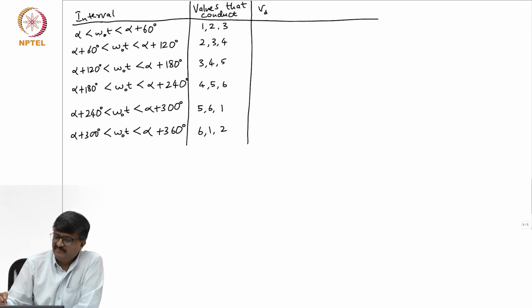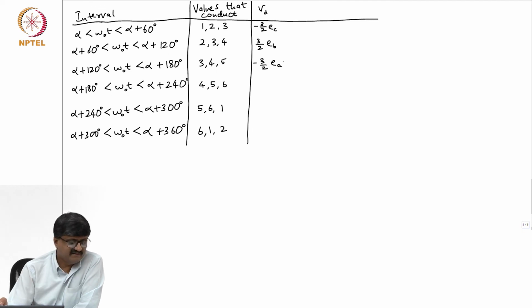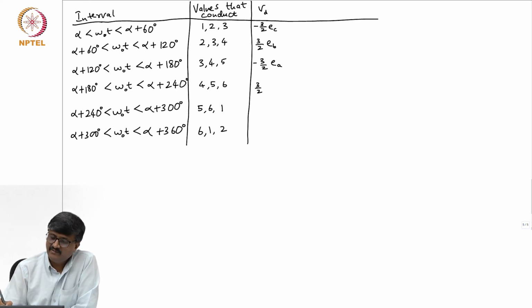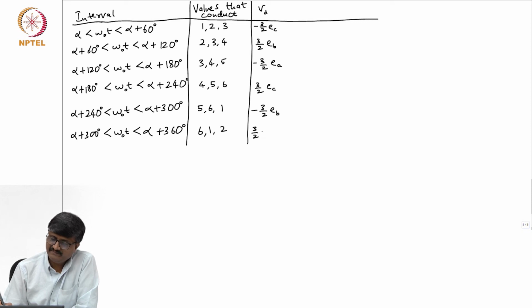So this is something which we already know, so you can straight away write this. So this is minus 3 by 2 Ec. This is 3 by 2 Eb, minus 3 by 2 Ea, 3 by 2 Ec, minus 3 by 2 Eb, 3 by 2 E.